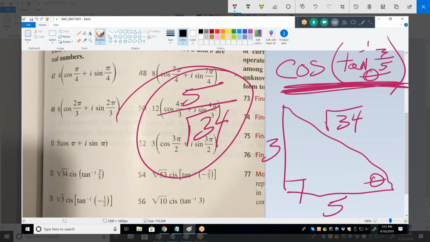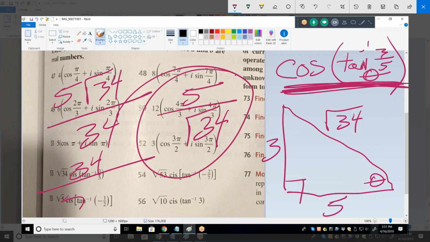And that being the case, it doesn't make sense to rationalize it. If I rationalize it, I get this. And now if I say, what's the secant? Well, gosh, that's 34 over 5 root 34. I have to rationalize it again. You see the problem? Yes, sir. It makes it more complicated.